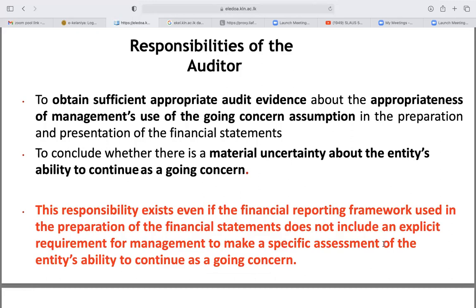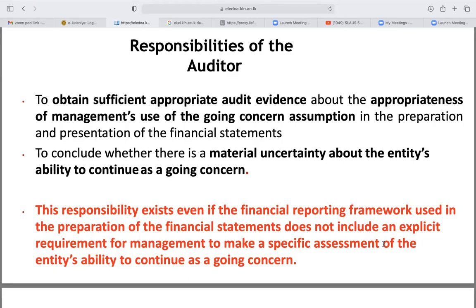හැම වෙලේම දැන් අපි කලින් කතා කරා auditor ගේ responsibility එක තමයි auditor need to obtain sufficient and appropriate audit evidence to prove whether the going concern assumption of the management is appropriate, right? We need to check the appropriateness of the management assumption, right? So it is actually deciding whether there is any kind of material uncertainty about the entity's ability to continue as a going concern.